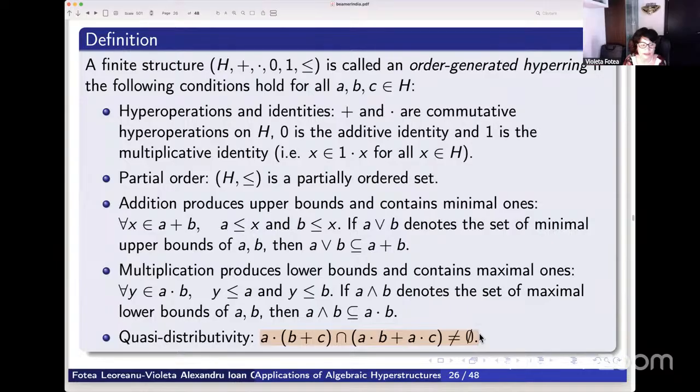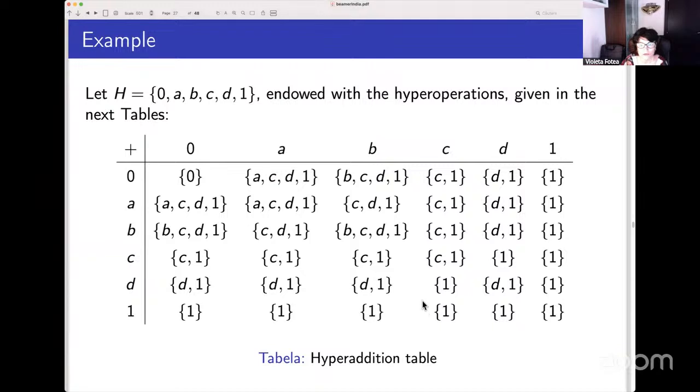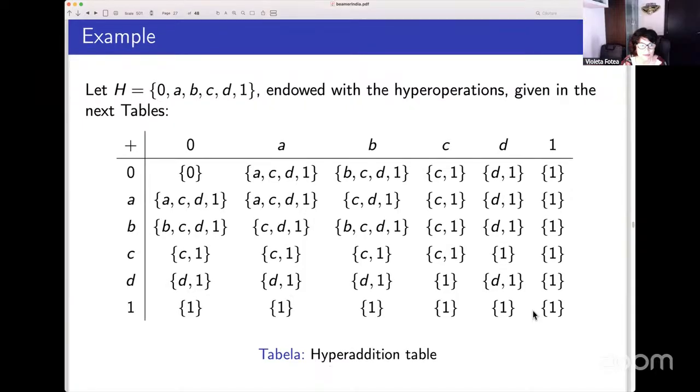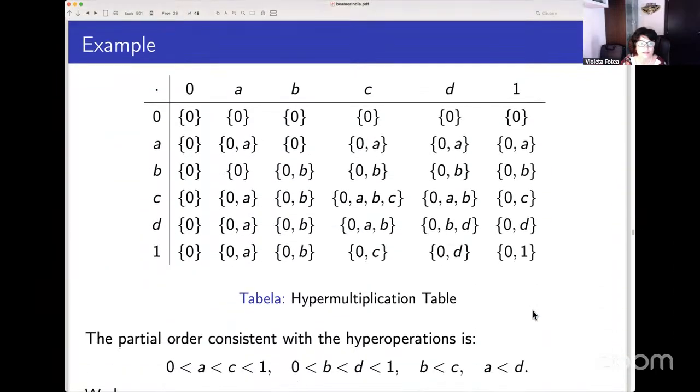But on the other hand, if we consider distributivity, a multilattice becomes just a lattice. So we need a weaker condition. And I present some examples: for addition, this table, but we shall also see the representation. And for multiplication, this one.